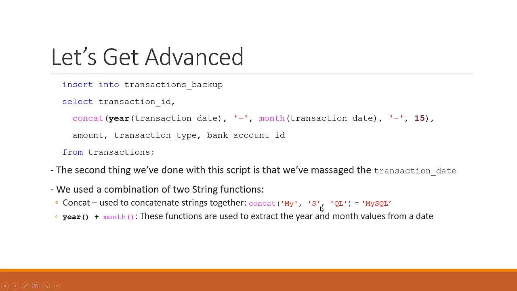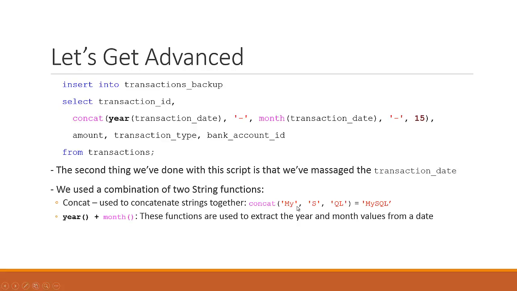You can mash them together like this. So this statement, concat, with a bracket and then my, comma, s, comma, ql, will result in one string, one varchar that says MySQL. And you can put as many of these strings, as many of these varchars as you want inside of this concat statement.